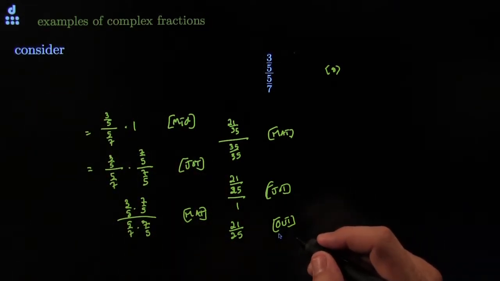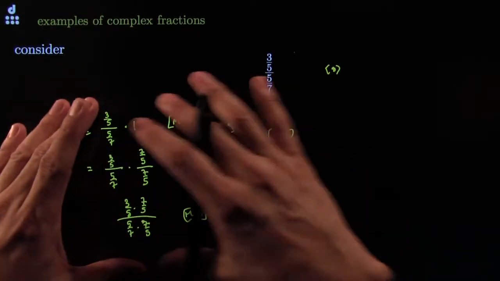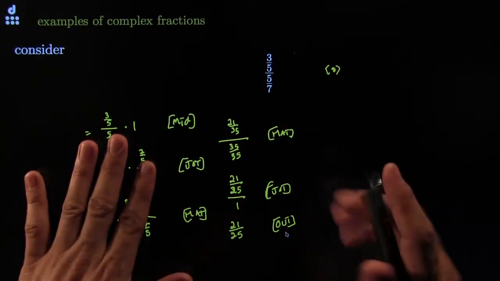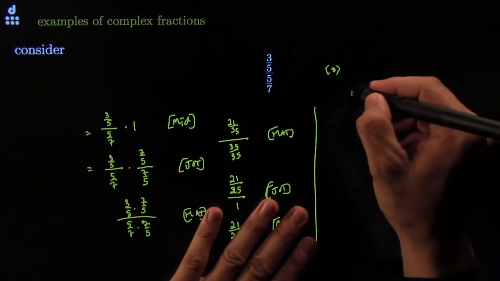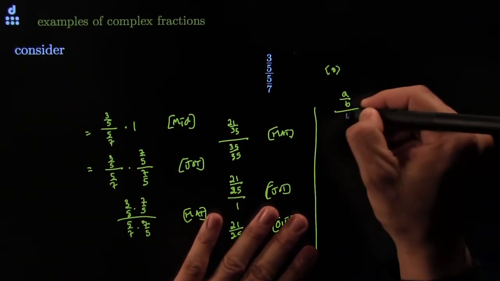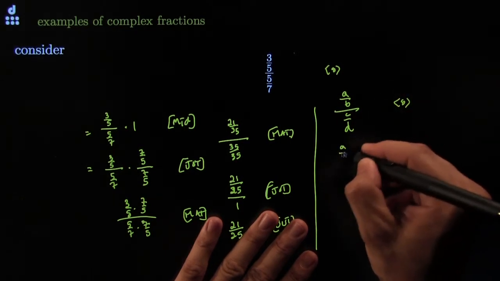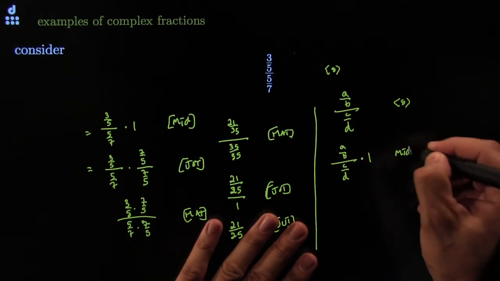Now, you could repeat this same thing over and over again, establish it as a pattern, and package it into one theorem. To do that, look at how we do this using generic letters. If I have a over b over c over d, I can always say this is a over b over c over d times 1. This is by multiplicative identity.